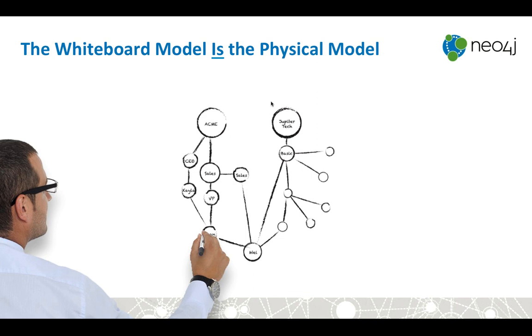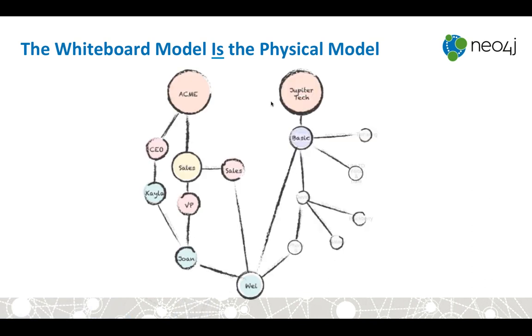So if we compare those data models, let's start with the graph data model again. What's really nice is that it's a very consistent data model. Across all the phases of your application development, you stay in the same model. If you have a model on a whiteboard or on paper, you can just draw a data model.